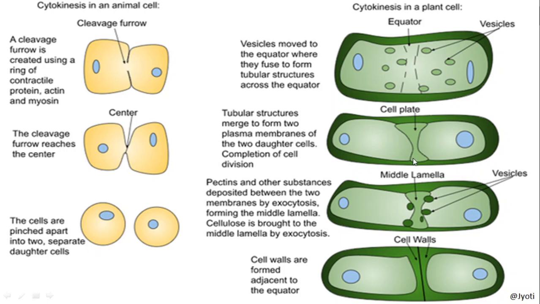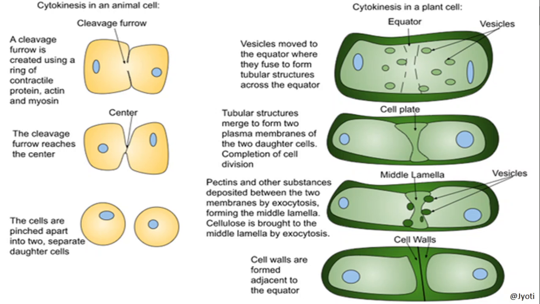Initially the tubular structure forms the middle lamella, then the other tubular structures which are accumulating on either side of the first tubular structure form the other layers of the cell wall. It is made up of pectins and other substances which are deposited between the two membranes by exocytosis.